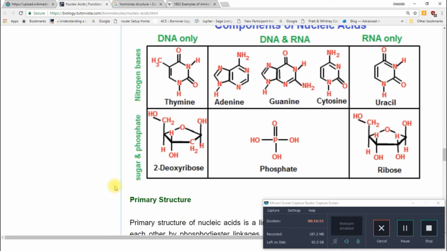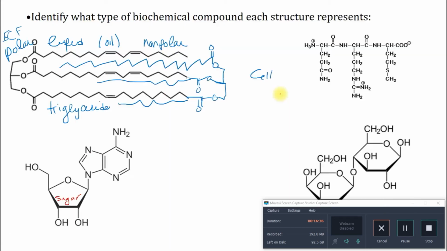Also, RNA has uracil instead of thymine, so you can see that the difference between these is not really that big. It's just that RNA doesn't have the CH3 group right here, and DNA does, right? And in the middle we have adenine, guanine, and cytosine, and these 3 nucleic acids can be found in both DNA and RNA.